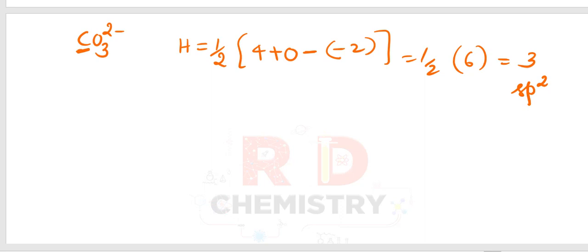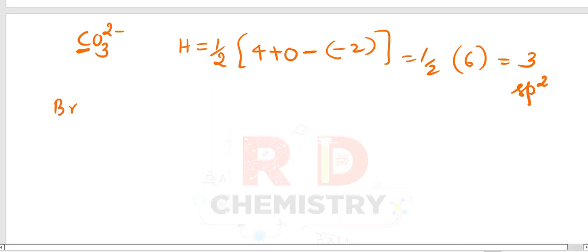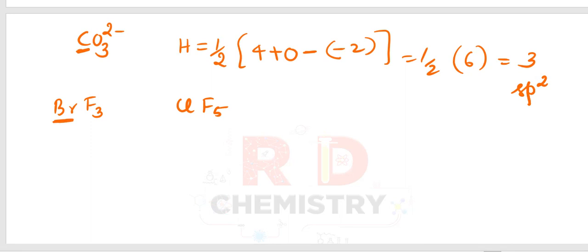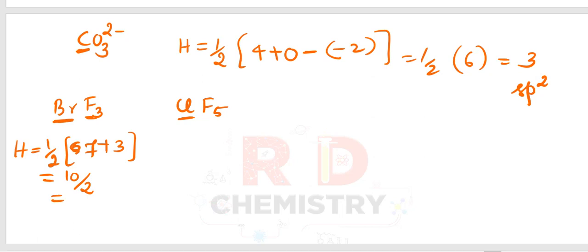Okay. Let's take some interhalogen compounds like BrF3 and ClF5. So bromine is the central atom in BrF3, chlorine is the central atom in ClF5. For BrF3, hybridization H is equal to half into halogen family valence electrons, 7. Fluorines are monovalent, plus 3. Charge is not there. So this is 10 divided by 2, equal to 5.